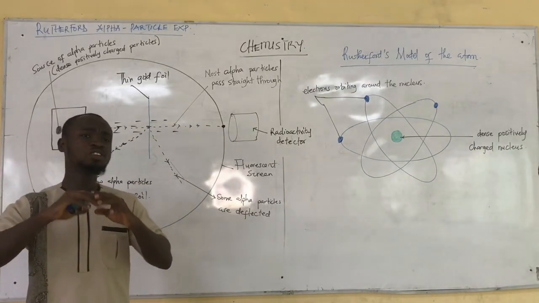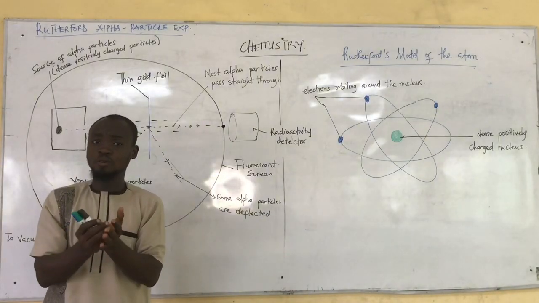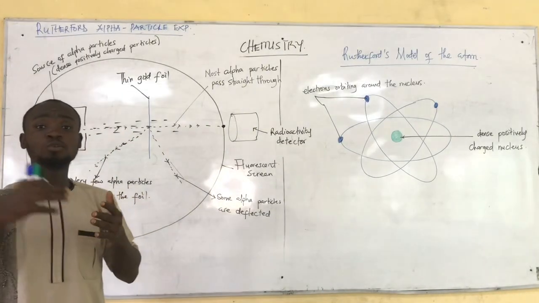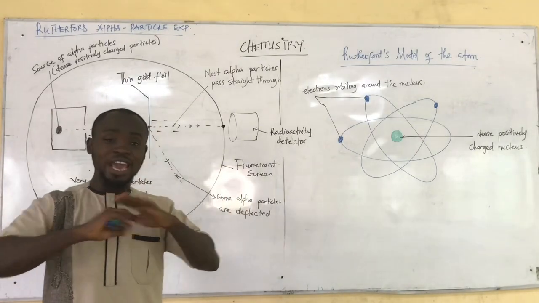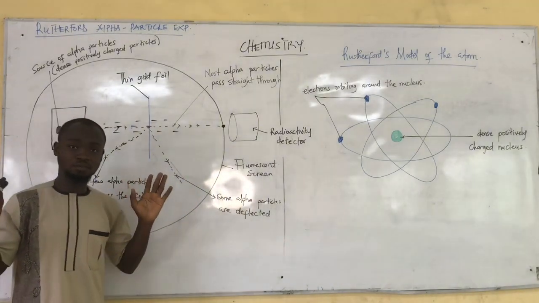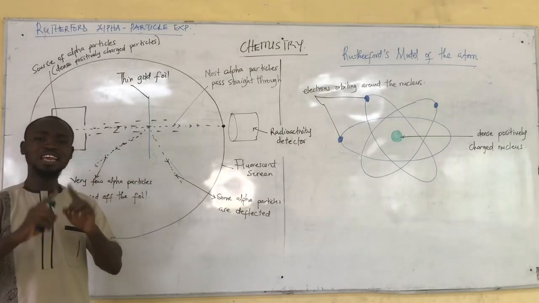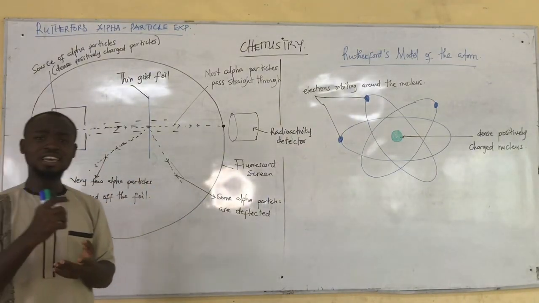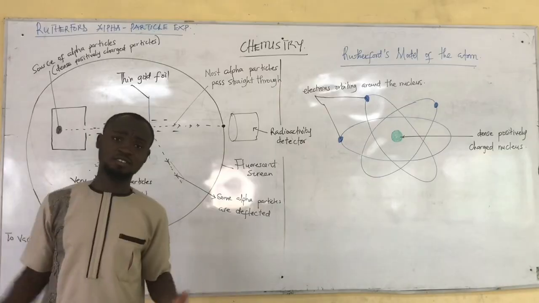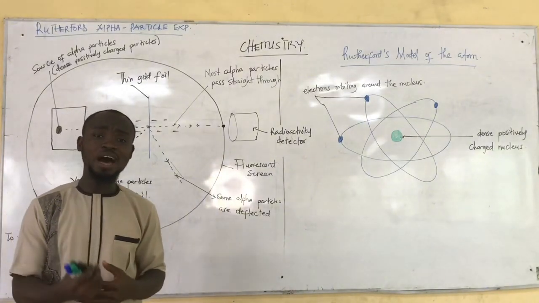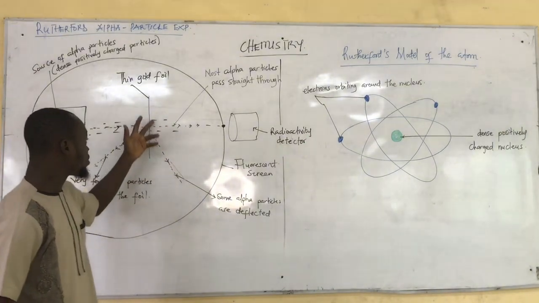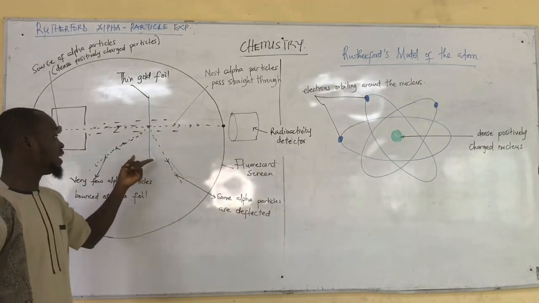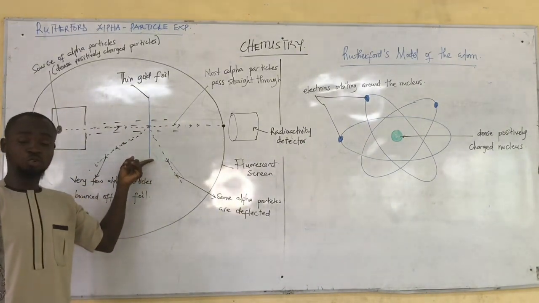It is due to the large empty space of the gold atom that the alpha particles were able to move through the atom without any deflection or collision. Is that okay? So he suggested that the atom is mostly composed of empty space, and that is why the alpha particles were able to move through the gold foil without any deflection or collision.